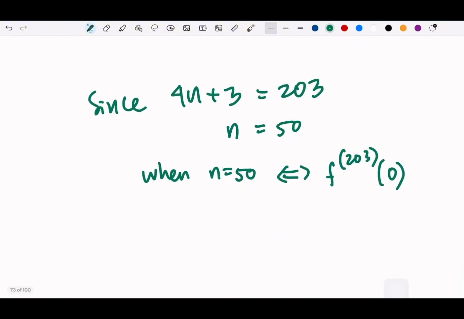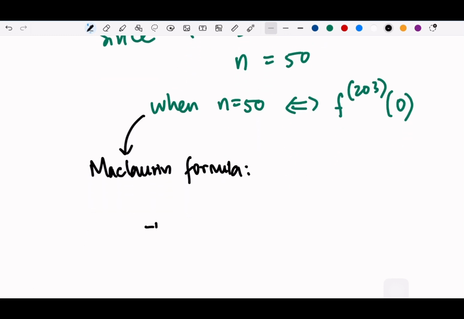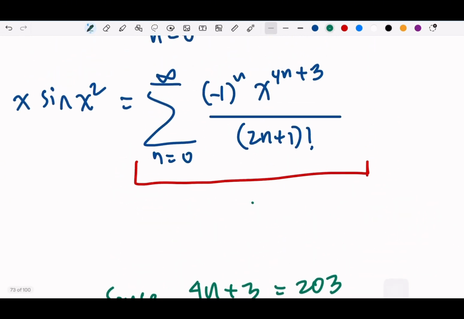So based on the Maclaurin formulation, back to the Maclaurin formula, we take n equal 50, that is going to be 203, like that, and then this will be 101 because we put 50 here, so 50 plus 1 is 101, right?